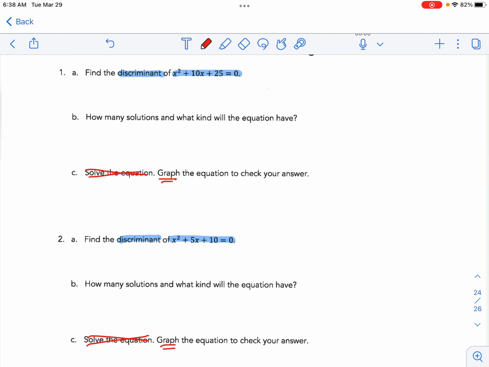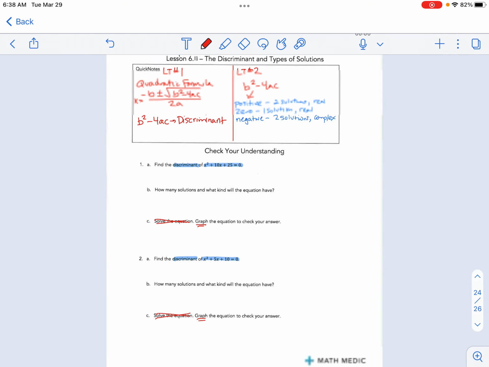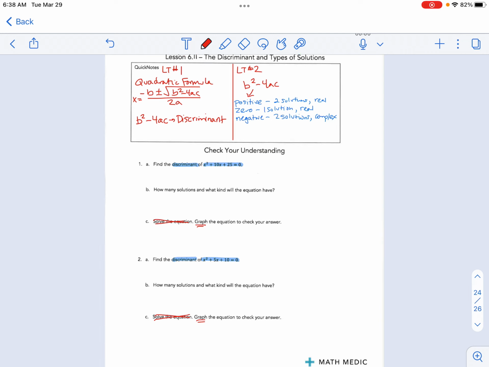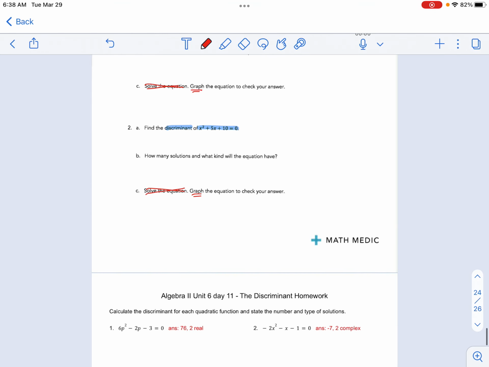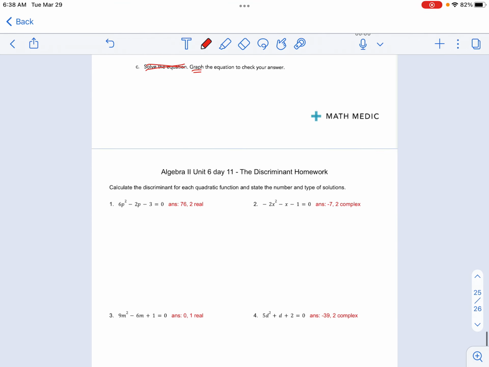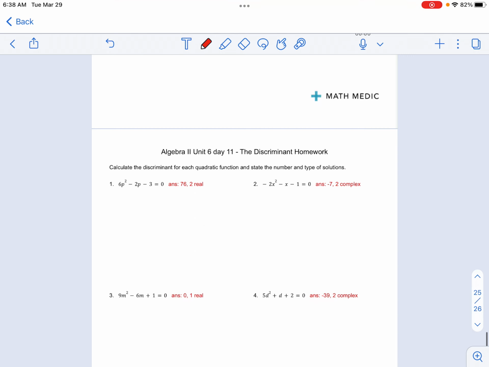So if you're getting a discriminant that's positive, you should be getting it intersecting twice. If you're getting a discriminant of 0, intersecting only once, tangent, so to speak. And if your discriminant's negative, you should not have that intersecting at all. So do that, and then you can move on to the homework, which is the same sort of thing, just calculating the discriminant and telling me the number and the type of solutions.